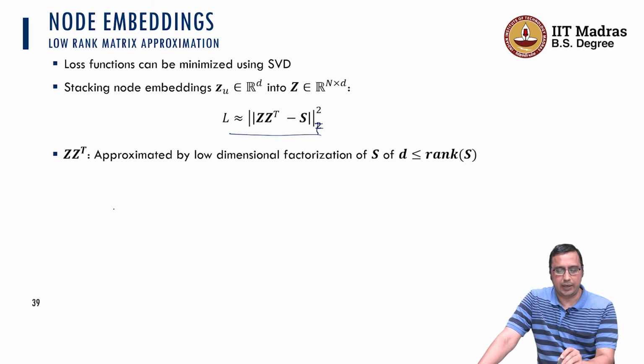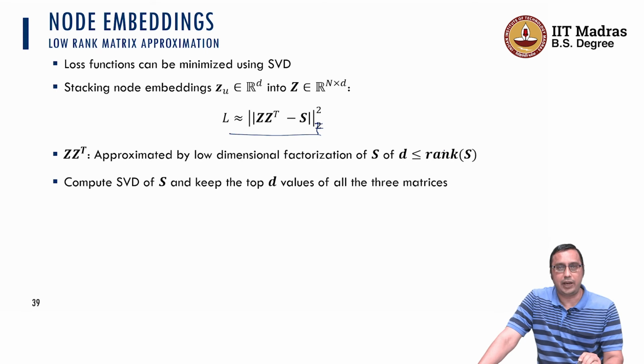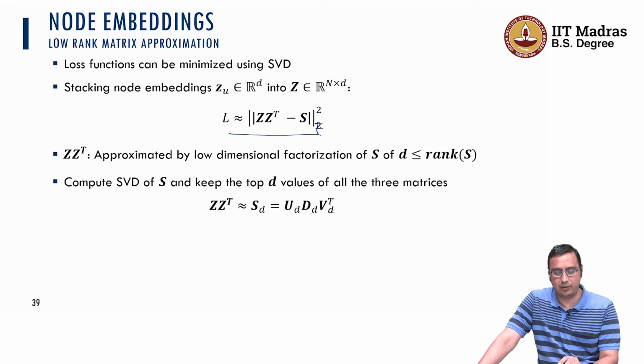What we can do is perform SVD of S, because we know that we can find a lower dimensional representation of S which is lower than the rank of S. So how can we compute? We can compute the SVD of S and keep the top D values for all three matrices. Z transpose is approximately U_D, S_D, V_D transpose in any matrix factorization based approaches or inner product based approaches.